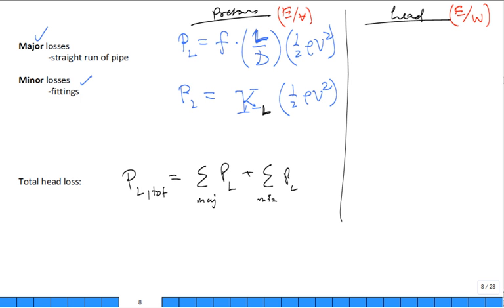So pressure typically in PSI, Pascal, head in height, some length. So the equation, this is called now head loss, has the same friction factor, the same length to diameter. It's just not multiplied by the dynamic pressure or velocity pressure, whatever you want to call that term.